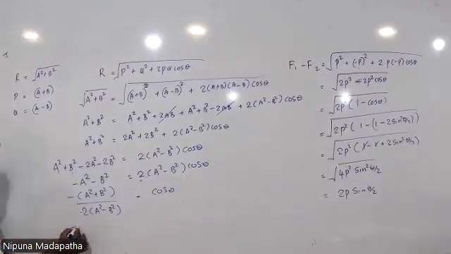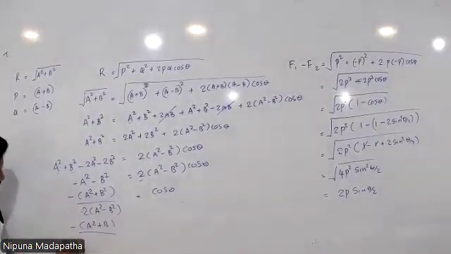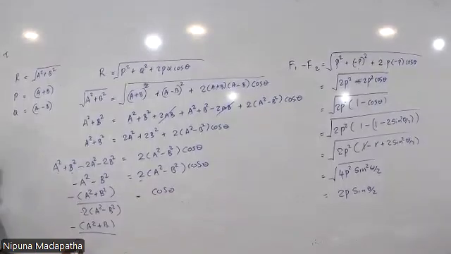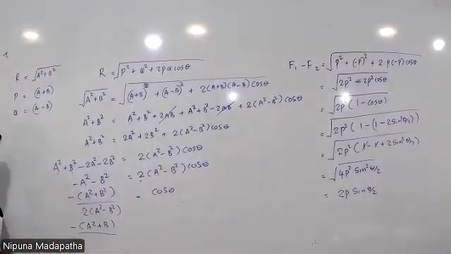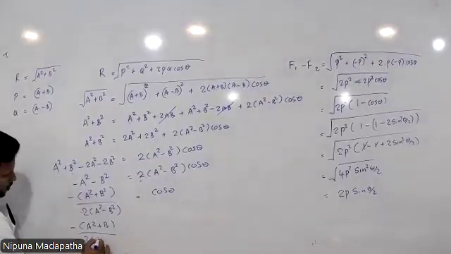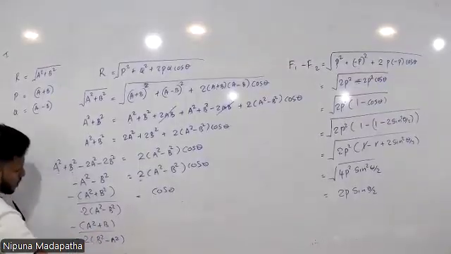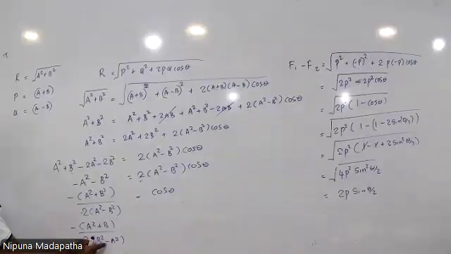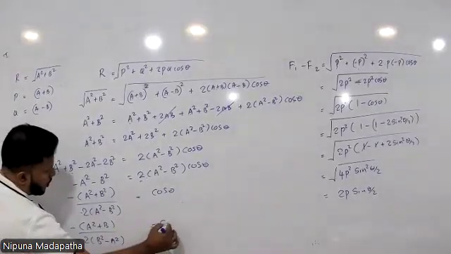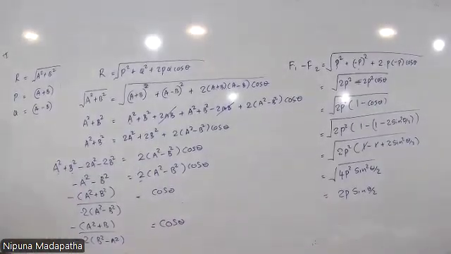Take a negative sign out from this term, so it becomes B squared minus A squared, giving a positive sign. Divide both sides by this term.